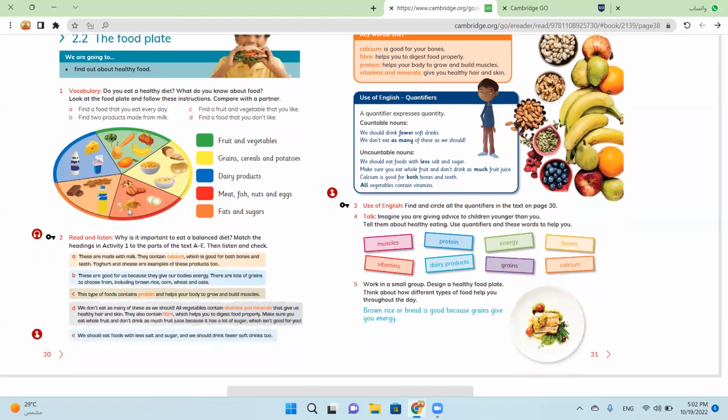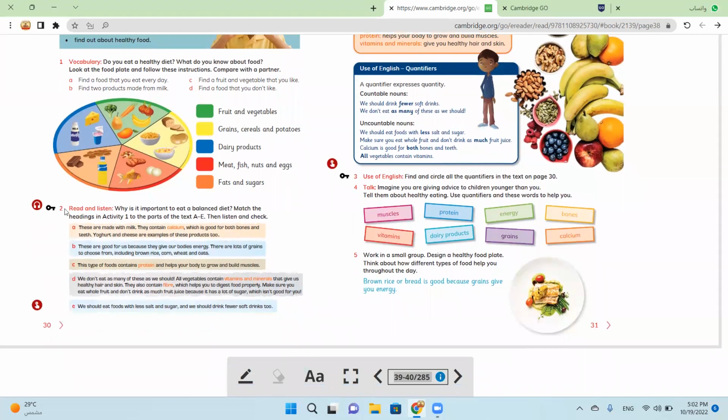So we have types of food that is divided into five sections: fruits and vegetables, grains, cereals, and potatoes, dairy products, meat, fish, nuts, and eggs, fats, and sugars.